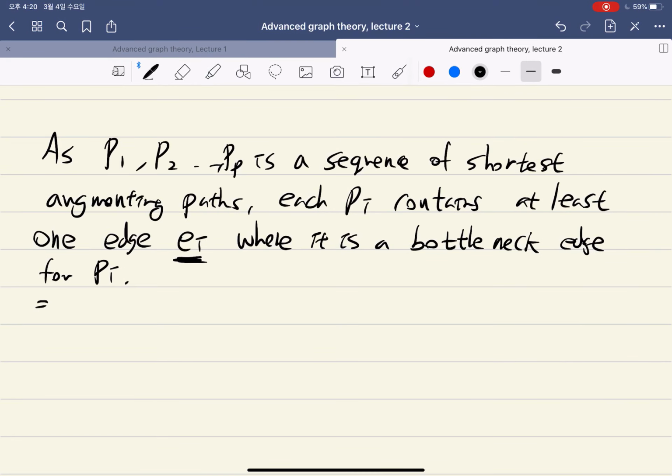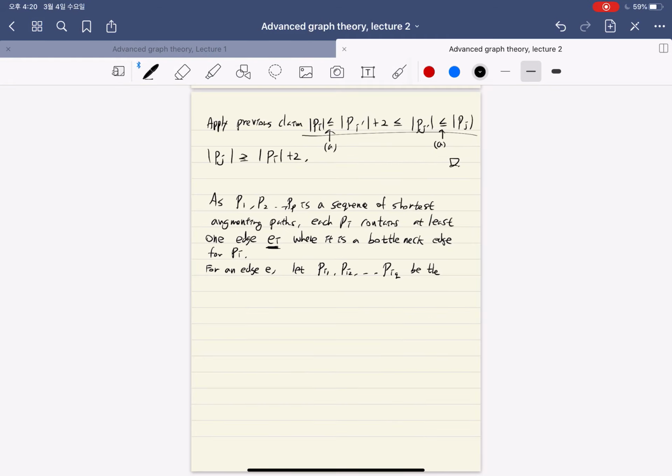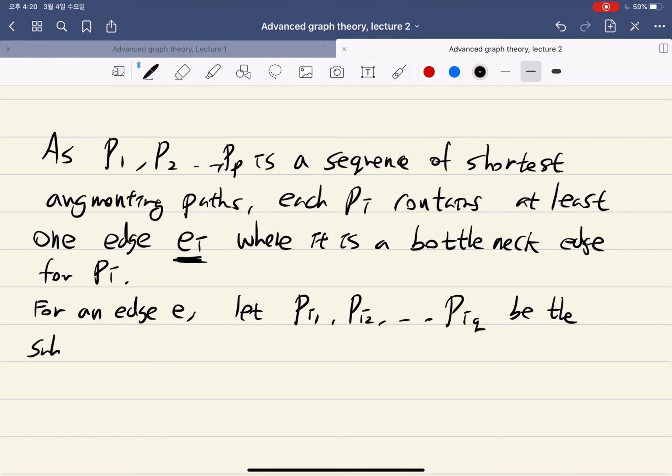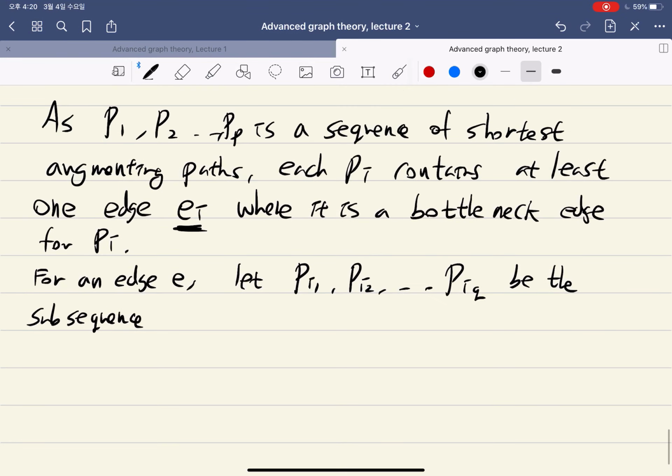And for an edge E, let's say Pi1, Pi2, up to Piq be the subsequence of all Pi's in each of which E is a bottleneck.